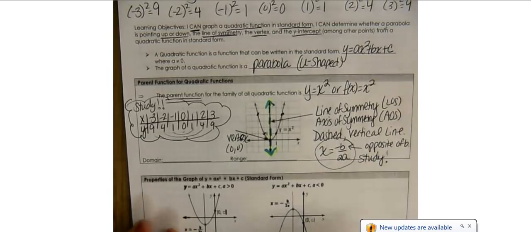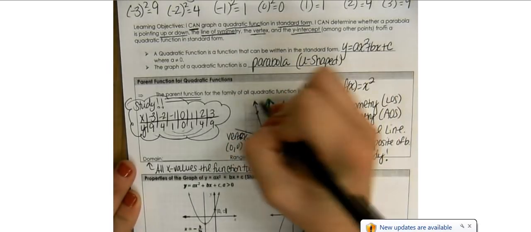The other thing I want to make sure that you understand is domain. Domain represents all of the x values that the function touches. And in this case, because we have an arrow pointing to the left and an arrow pointing to the right, there doesn't exist an x value that the function can't do, which means that there doesn't exist a number that you can't square.